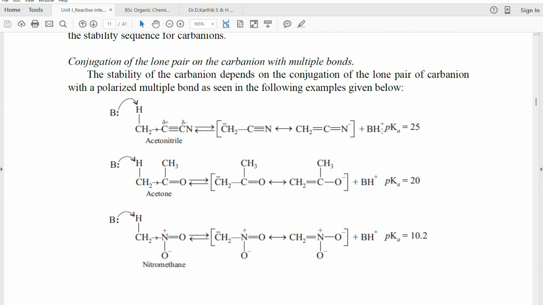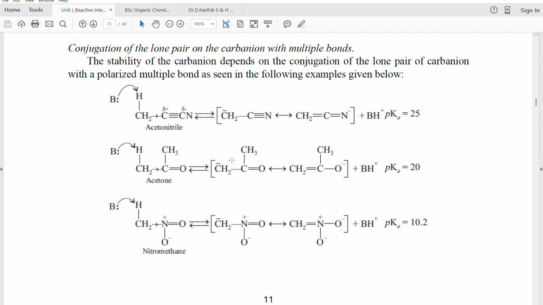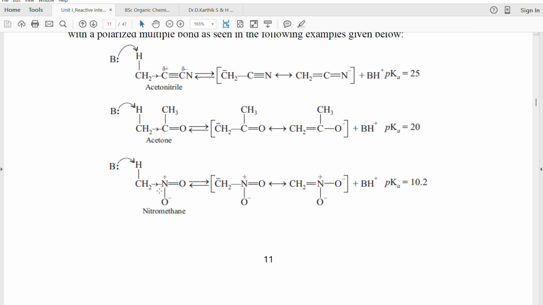Here you can see this will be stabilized like this, and similarly, instead of C triple bond C, we can have a carbonyl group. Similarly, the carbonyl group will go for the resonance structure. So this minus charge will shift here, and among these two C-O bonds, one bond pair of electrons will go onto the oxygen and produce the minus charge.